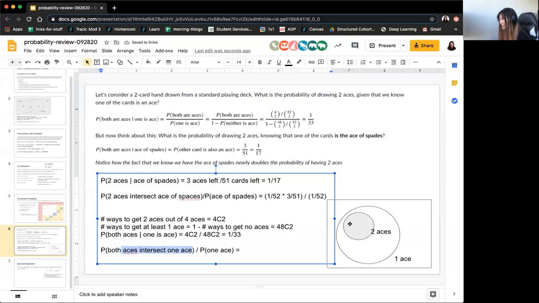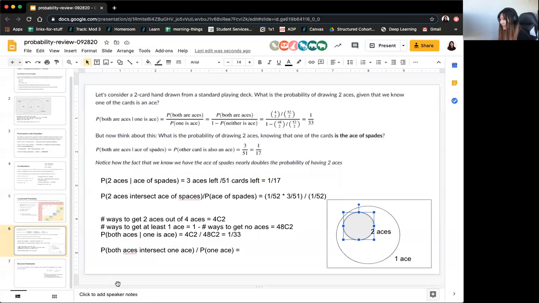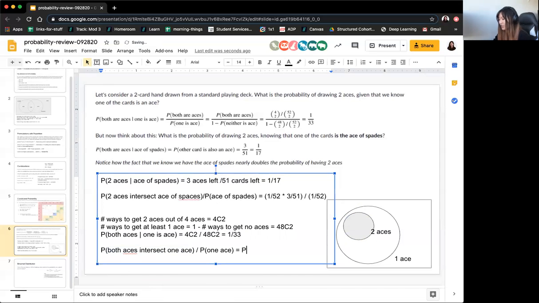If you think about the intersection here, given this diagram, the intersection of this one bubble and the two bubble is just the two bubble. So it's actually still the probability of both aces divided by the probability of getting one ace.